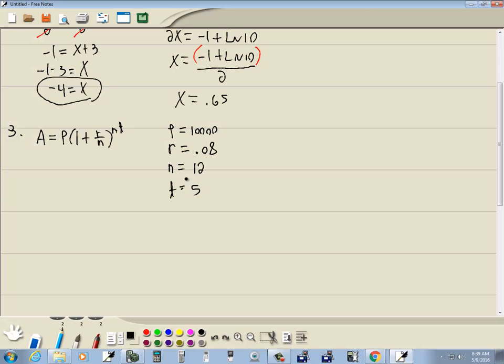So T is 5. Okay, so if we put that in, we got A is equal to 10,000 times 1 plus R, which is 0.08, divided by N, which is 12, raised to the NT power. So we got 12 times 5. So it gives us 10,000 times 1 plus 0.08 divided by 12. 12 times 5 is 60.